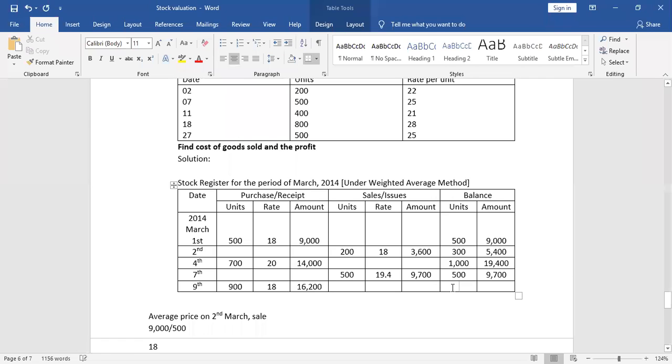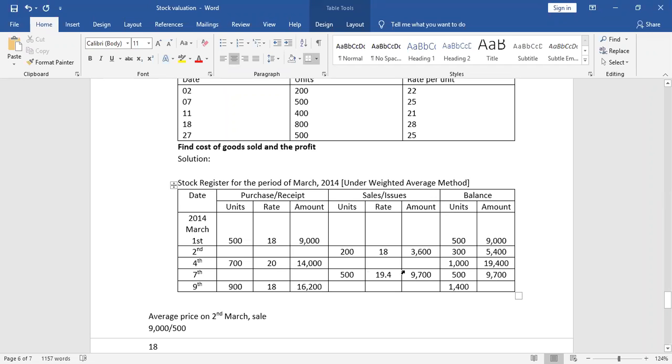As soon as you purchase, we directly show it in the balance stock. So 500 is already there in the balance stock, and today we purchased 900. So 500 plus 900, how much is it coming to? It is coming to 1400, and 9,700 plus the amount 16,200.